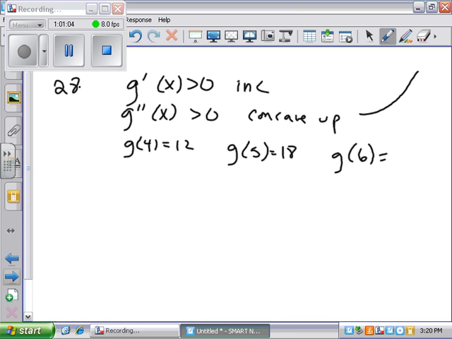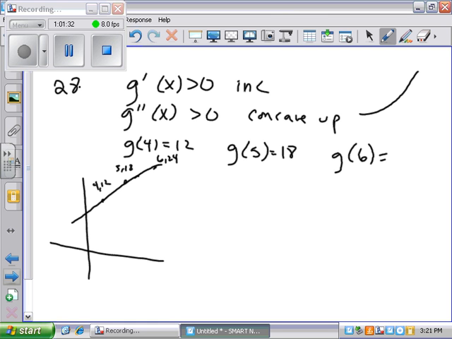Now what if it just increased at the same rate? In other words, g of 4 is 12, g of 5 is 18. If it was just a line, if it wasn't concave at all, we had the point 4, 12, 5, 18. What would it be at 6? It would be 24, right? So we eliminate 24. But it's not just increasing like this.